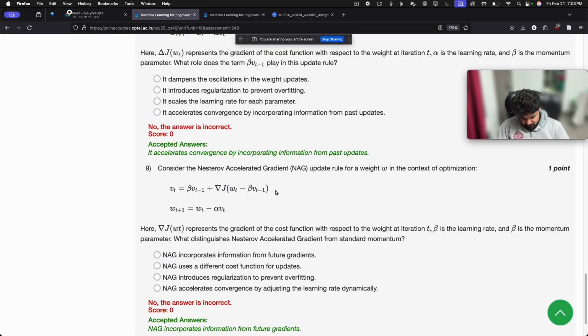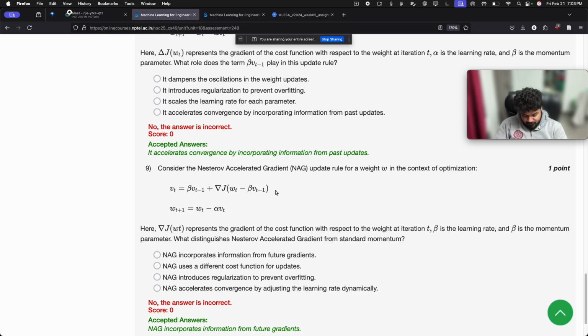Okay. Sorry. What did we do? Vt equals beta times Vt minus 1 plus delta J of Wt minus beta Vt minus 1. Wt plus 1 equals Wt minus alpha Vt.